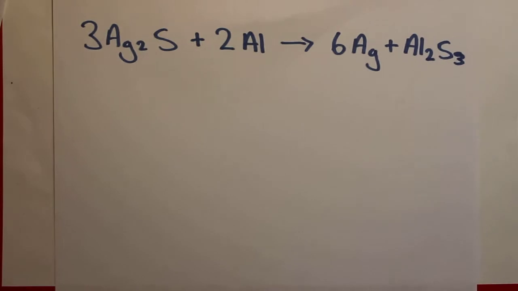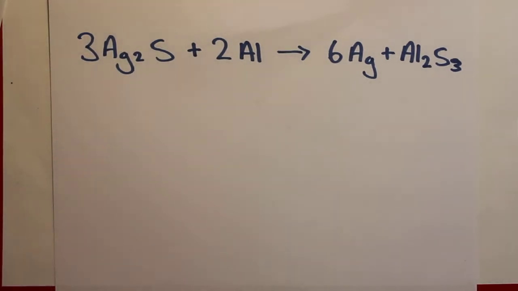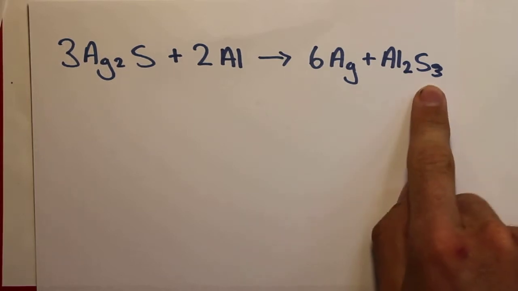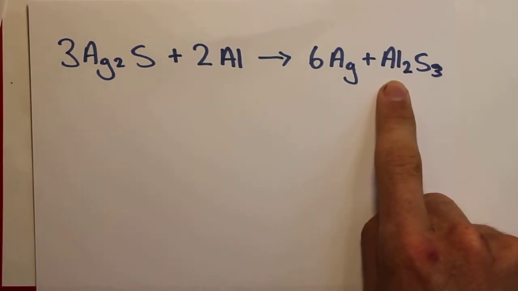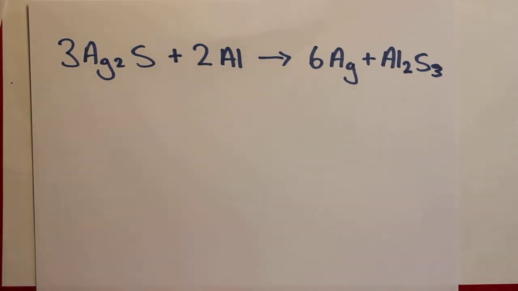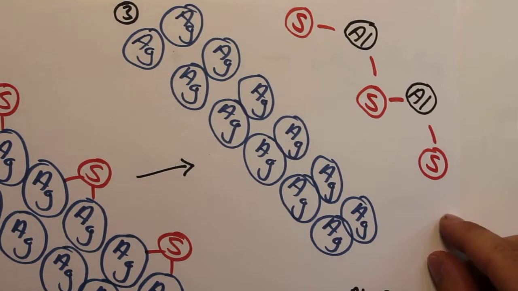So we can look at our balanced chemical equation here, and we can see, well, we've removed our sulfur atoms and we've used our aluminium to do that. And here we can see that we used 2 aluminium atoms for every 3 sulfur atoms. And this can be a little bit difficult to visualize, so I'm going to go back to this.